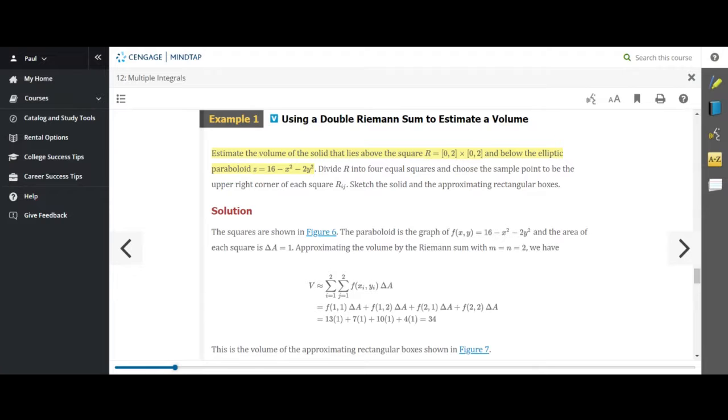So we want the volume of the solid that lies above the square and below the elliptic paraboloid. We want to estimate the volume. Does that elliptic paraboloid, z equals 16 minus x squared minus 2y squared, go up or down?